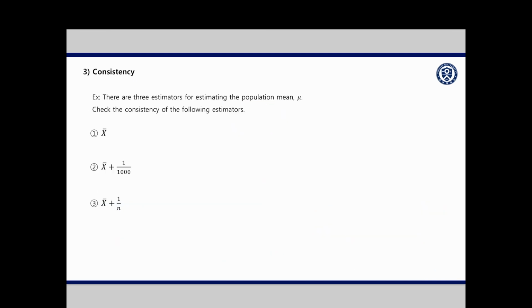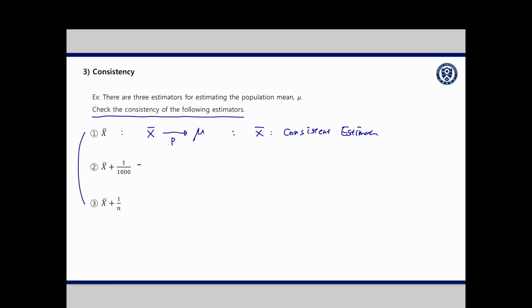Let's check the consistency of the following estimators. The x bar converges in probability to mu, so x bar is a consistent estimator.